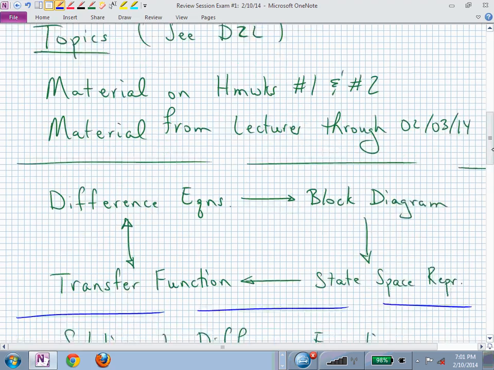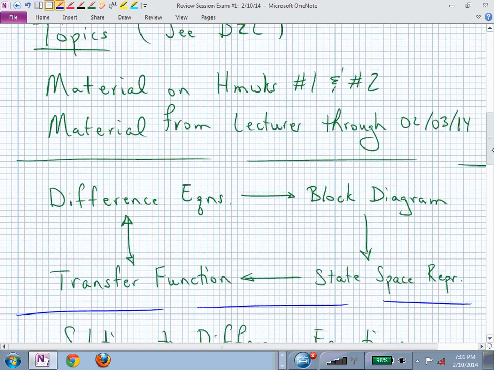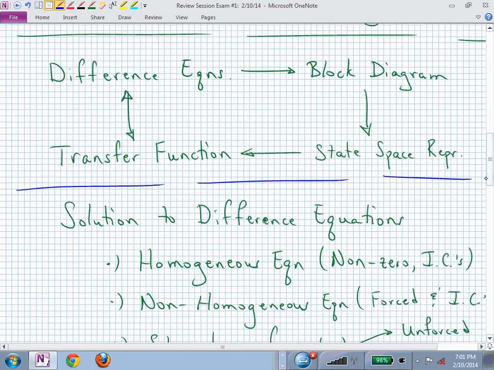Now, topics, just quickly, I've tried to put those in between blue lines. Here is what I've called in the past our square dance. It's a square, and you need to actually be able to dance around that square, meaning you need to be able to convert difference equations to block diagrams to state space, and those block diagrams are actually all delay block diagrams.